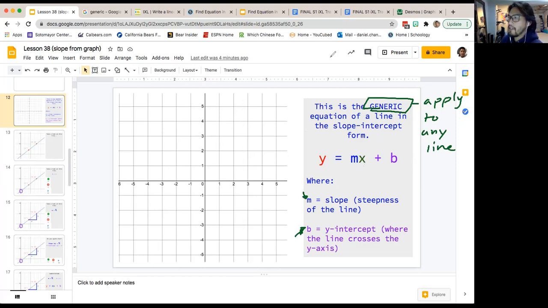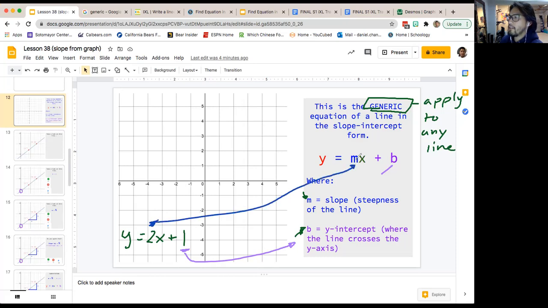So for instance, the equation y equals 2x plus 1 is a very specific equation because it's got a y-intercept, right? The number 1 is the y-intercept, and that replaces this b, okay? And it's got a slope of 2 right here. The slope is 2, and that replaces the m.